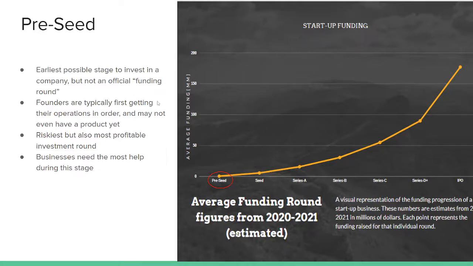So we see here, founders are typically first getting their operations in order, like I said, and may not even have a product yet. Riskiest, but also most profitable investment round. Businesses need the most help during this stage because, once again, they have pretty much nothing. Sometimes they have no inventory, no IP, so intellectual property, no patents, no nothing. Just a good team. Hopefully they have a good team.